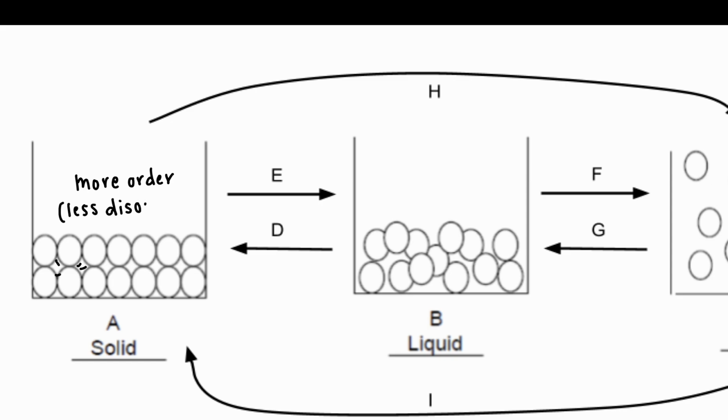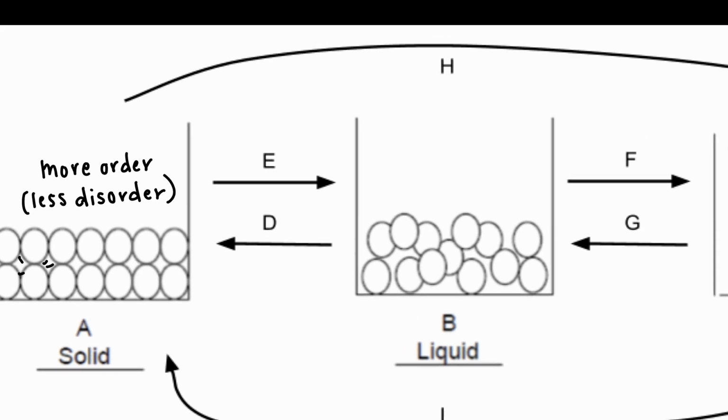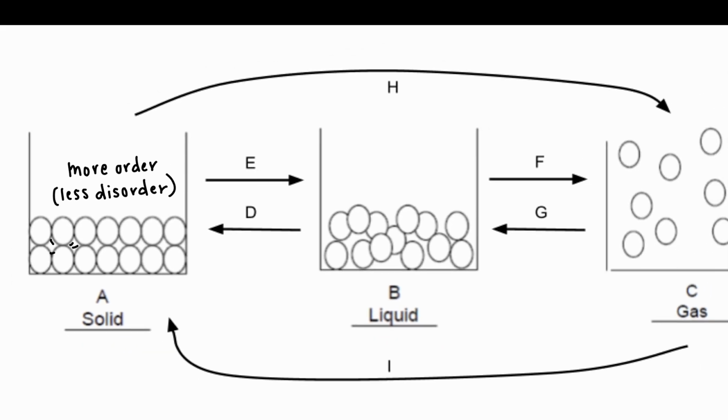Disorder meaning not ordered. This just means that they're arranged in this tightly packed configuration, and they are not random. So solids are more ordered or less disordered.